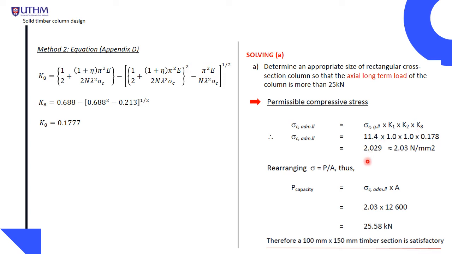So we get 2.03 Newton per millimeter square. By rearranging the formula of stress equal to P over A, we get the capacity of our column as 25.58 kN. Therefore, the size of 100 times 150 mm is satisfactory.